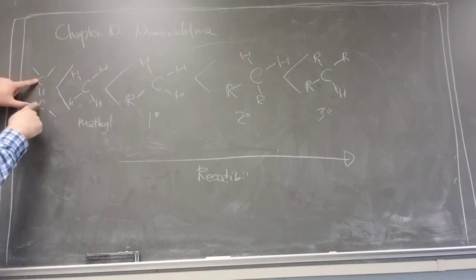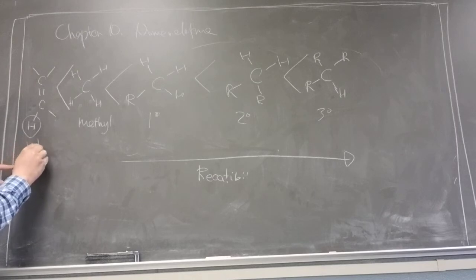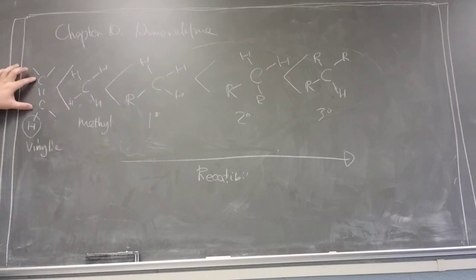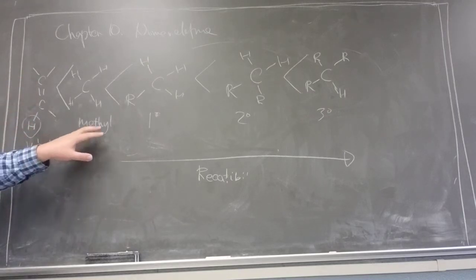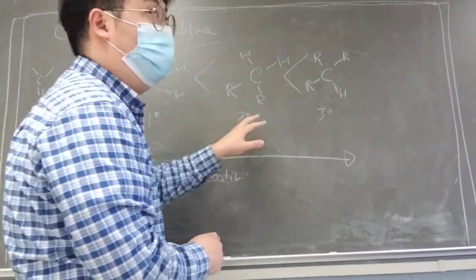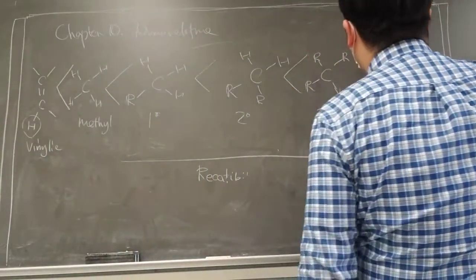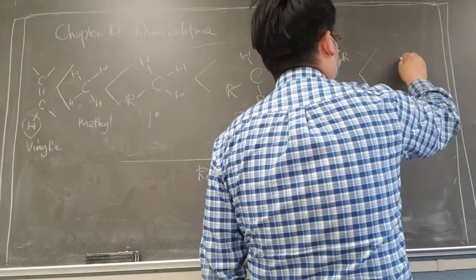We call this the vinylic position of the hydrogen. So this is the carbon that the hydrogen is bound to, one of the carbons in a double bond. So this is a vinylic position, methyl, primary, secondary, tertiary, and then we have one more thing over here.